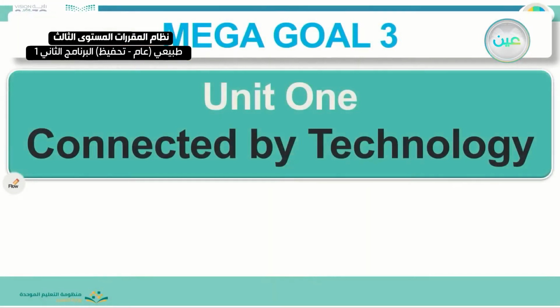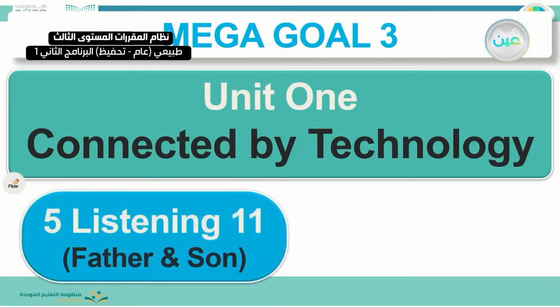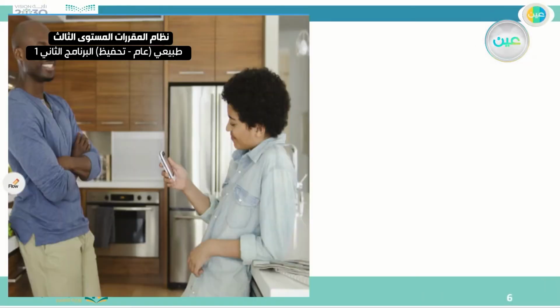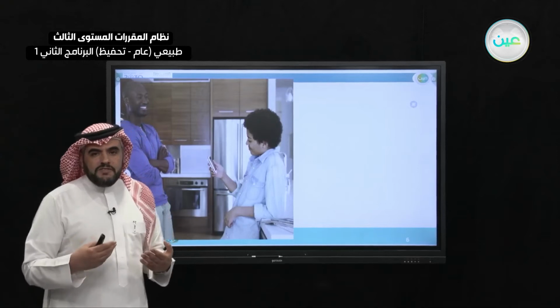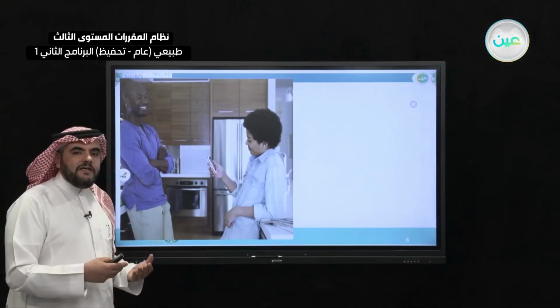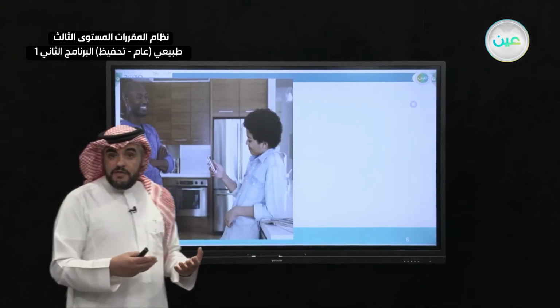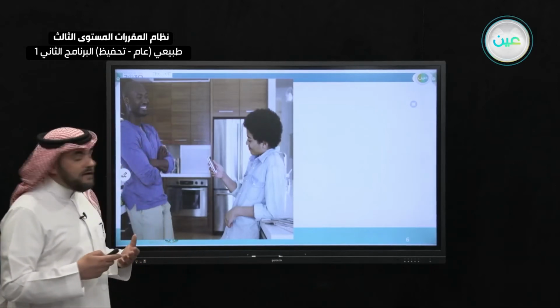Okay, and now today we are still, as you know, in Unit 1, Connected by Technology, and we are going to study activity number 5, which is a conversation between a father and his son. We told you before that whenever you want to listen to a conversation or any kind of listening, you will need to gather as much information as possible to be able to understand the text or the audio easily.